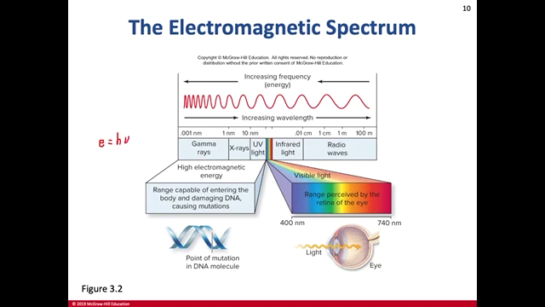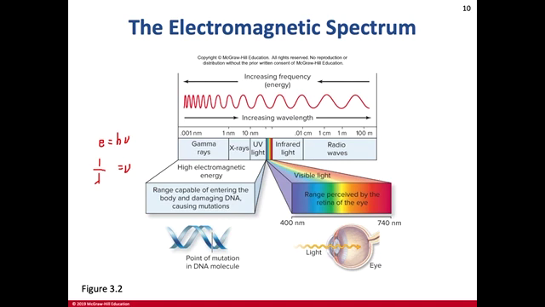Okay, where nu is frequency, h is a constant, and E is energy. And then the other equation you need to know is that 1 over the wavelength, which is expressed as lambda, is equal to the frequency. Okay? So what these two equations tell you when you take them together is that the shorter the wavelength, the higher the energy content, and vice versa.